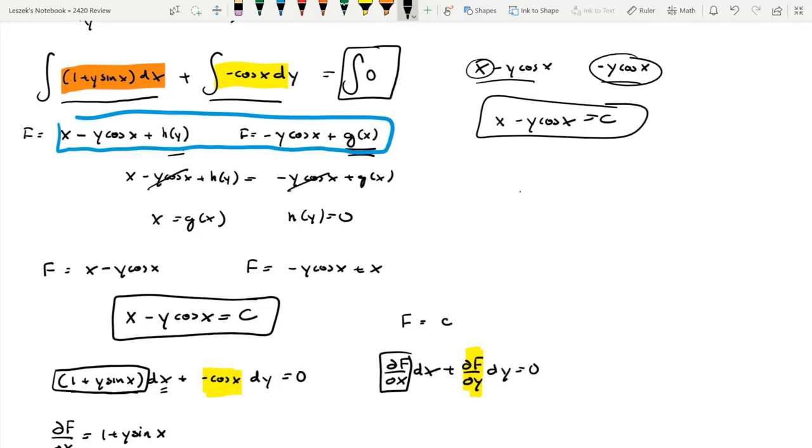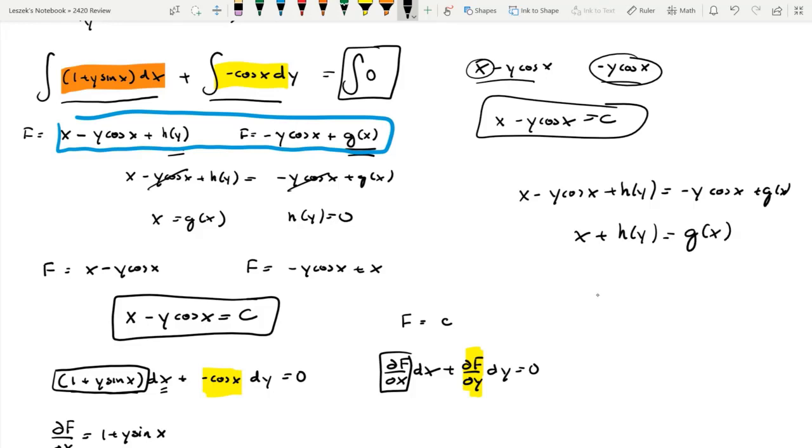So, equating those two, canceling, right?